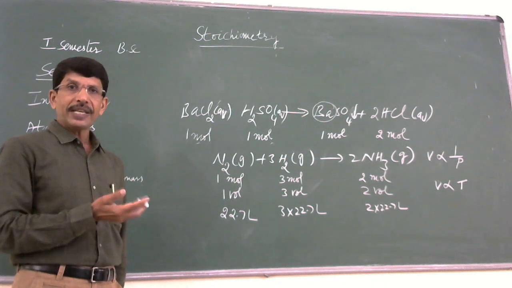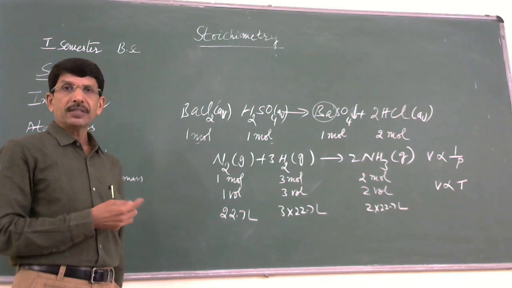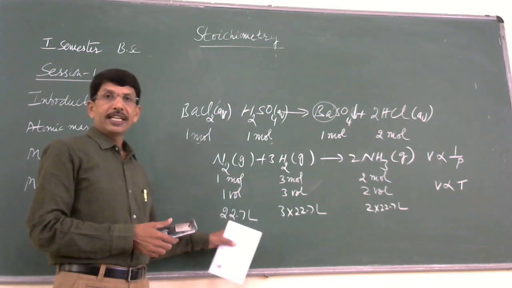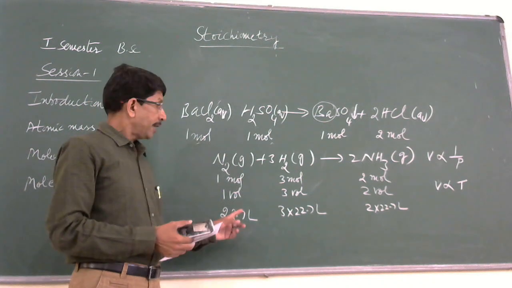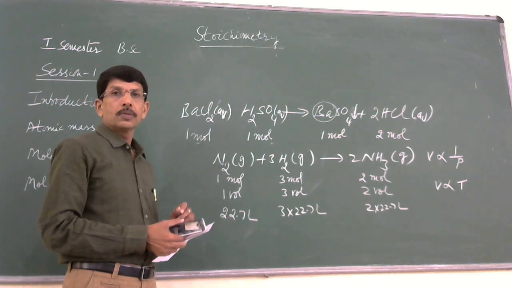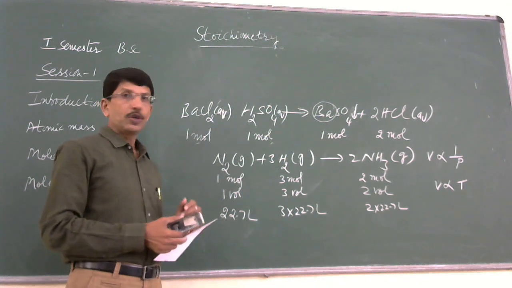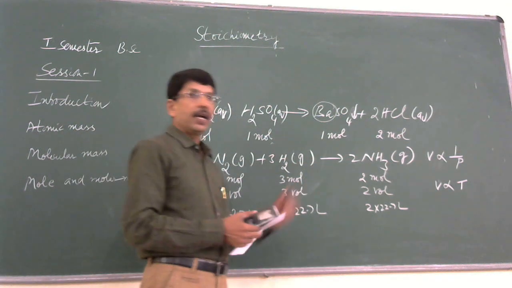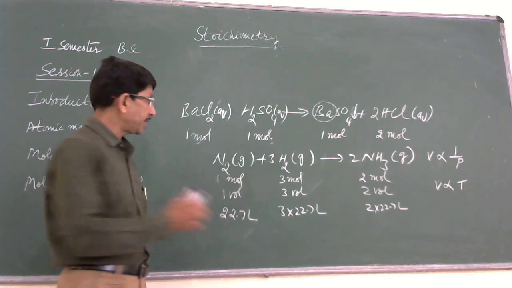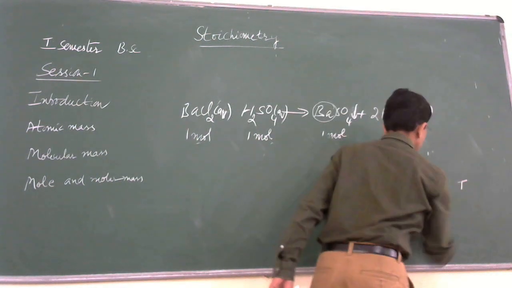So we can also state these quantities of reactants and products in terms of volumes without any unit, or in terms of liters also. As I said, this is the standard molar volume. So these are the volumes of nitrogen, hydrogen and ammonia involved in the reaction when the reaction is 100% complete.